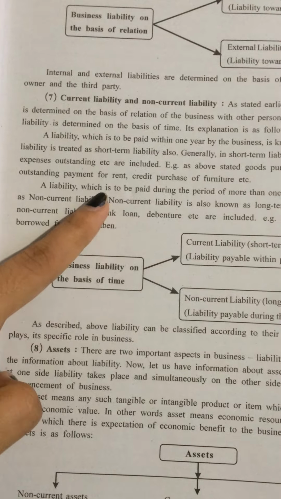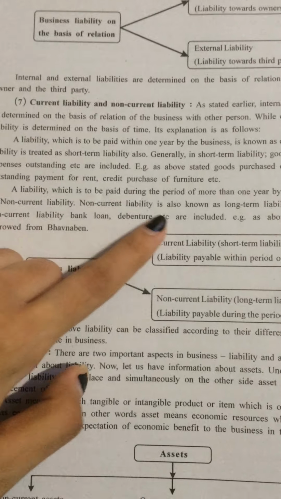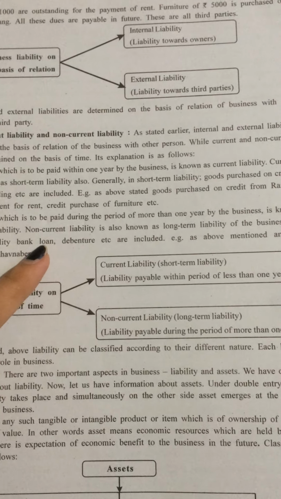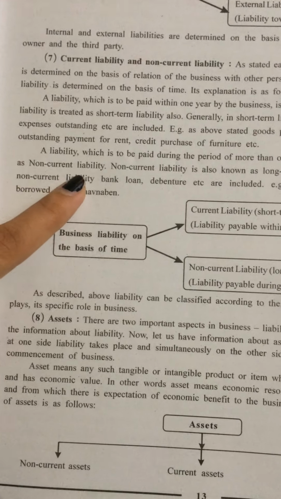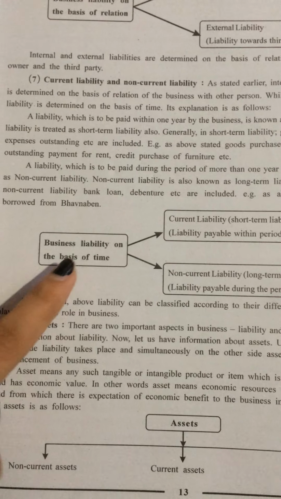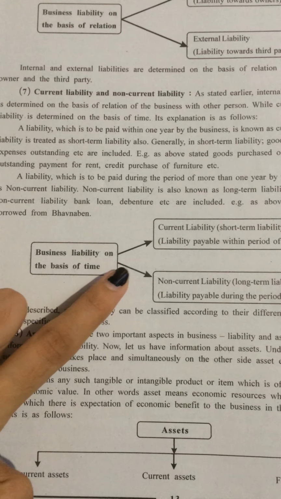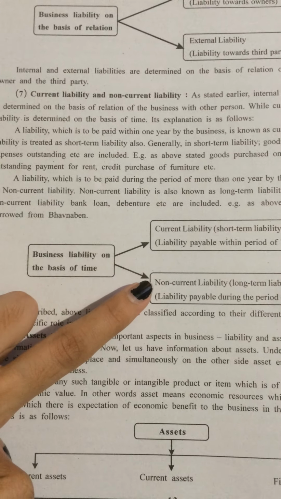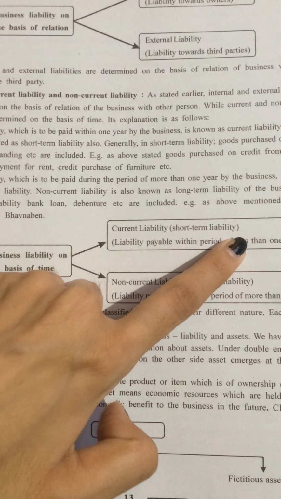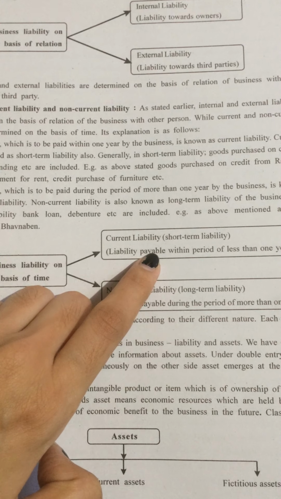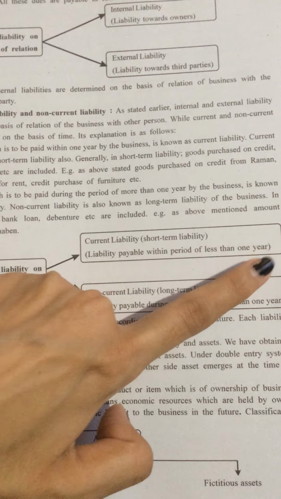So a liability which is to be paid during a period of more than 1 year by the business is known as non-current liability. So liability on the basis of time can be divided into current liability and non-current liability. Current liability is also known as short-term liability, payable within a period of less than 1 year.